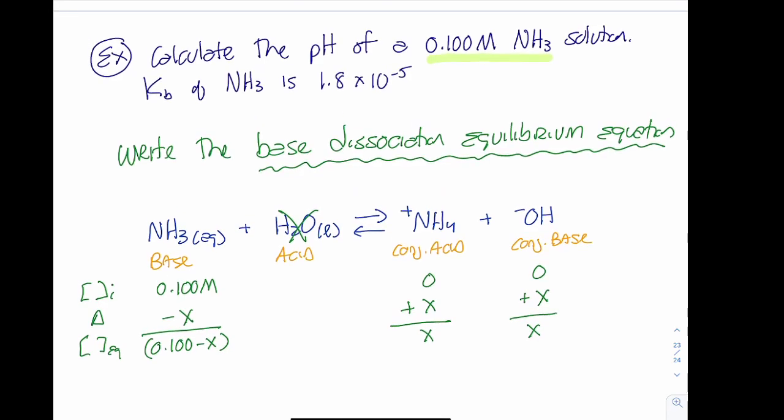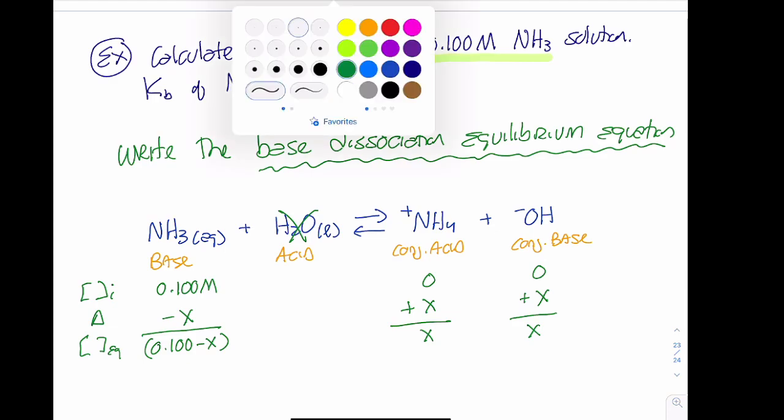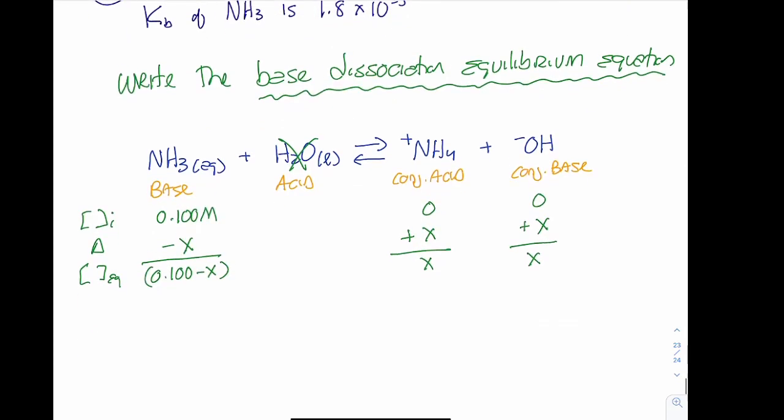I'm going to write my equilibrium constant expression. So Kb, which is equal to 1.8 times 10 to the negative fifth, is going to be equal to the concentration of ammonium ions multiplied by the concentration of hydroxide ions.